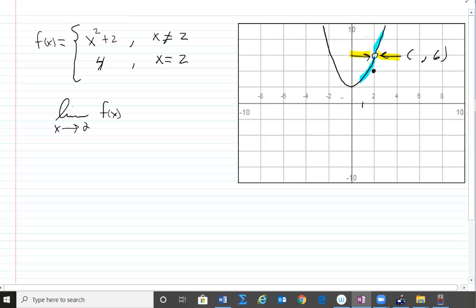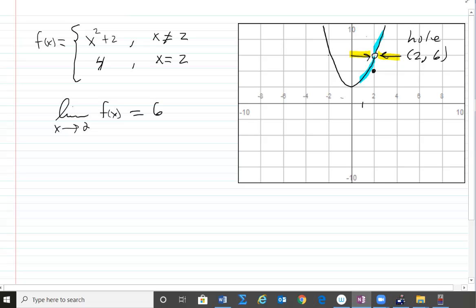But those are the coordinates of the hole. We'd have 2, 6. So that tells us that the limit as x is approaching 2 for the function f of x as defined here actually is equal to 6.